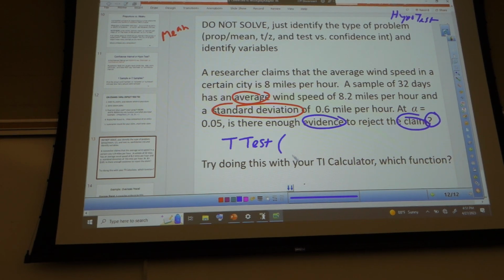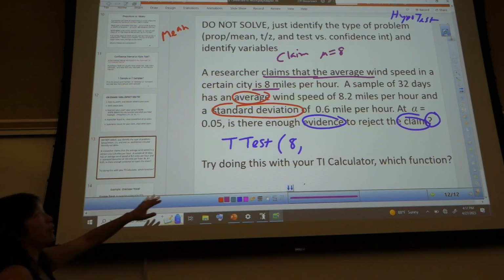Oh, so okay. So the T-test would be, what is my mu naught? 8. So remember, your mu naught is always what's in your claim. So our claim is the average is 8. So my claim is that mu is equal to 8. So my mu naught is always whatever number is in my claim.